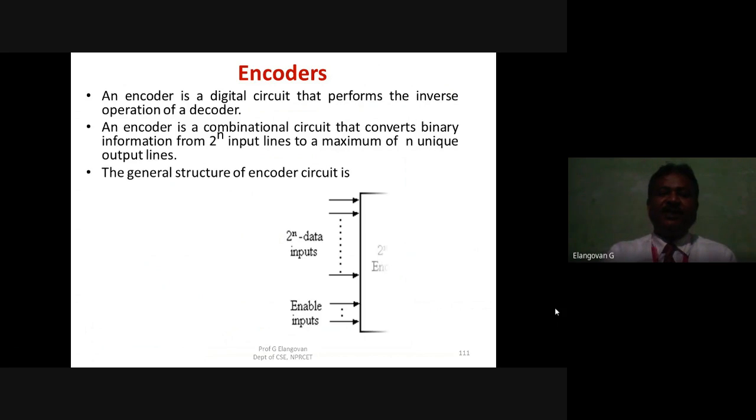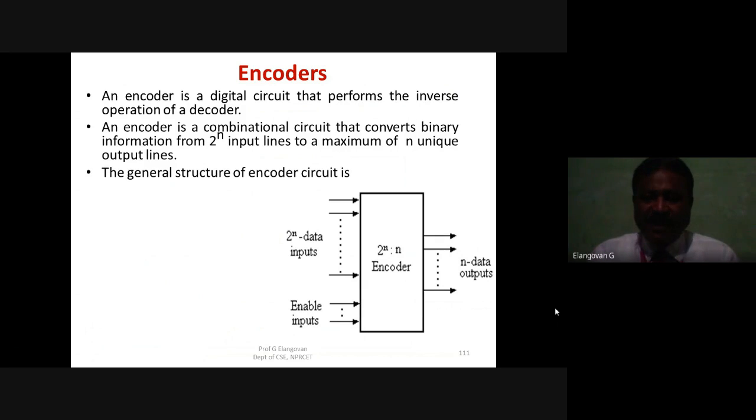The general structure of an encoder looks like this. There will be 2 power n combinations of inputs, and it will generate n possible outputs. To activate the outputs, we have enable inputs. If the enable input is active, then only the given input combination will be accepted and the output generated as a valid one, else the outputs are invalid.